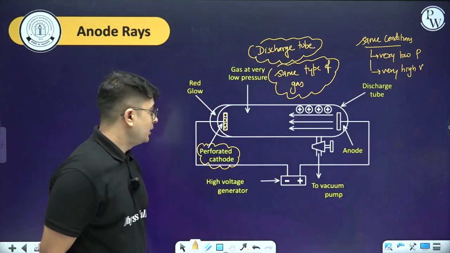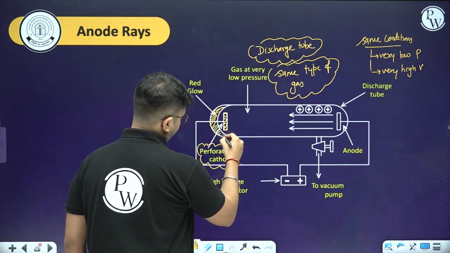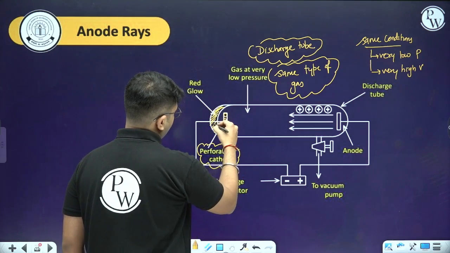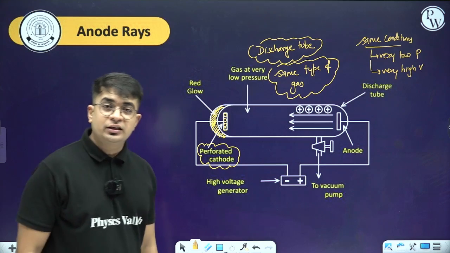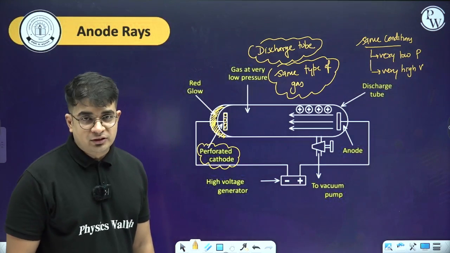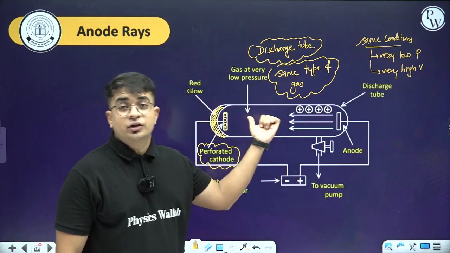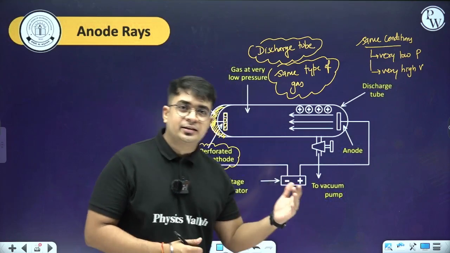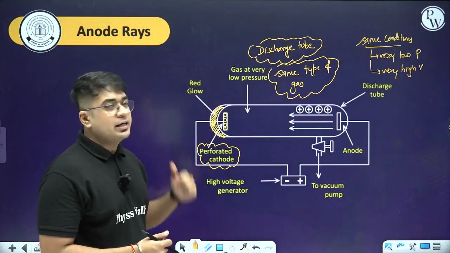Let's say I am again using a fluorescent coating on the cathode side. So again I can see some rays appearing, and they thought that the rays are supposed to originate from the anode towards the cathode.